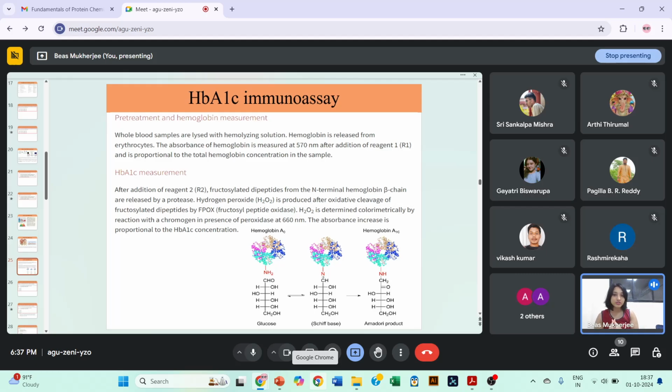Hydrogen peroxide is produced after oxidative cleavage of the fructosylated dipeptides by a particular enzyme. H2O2 is determined colorimetrically by reaction with a particular chromogen at a different wavelength. So the absorbance increase is proportional to the HbA1c concentration.